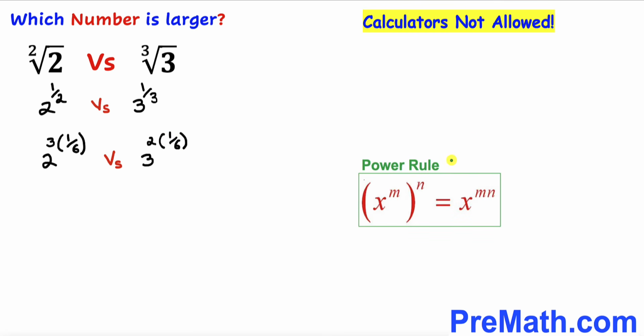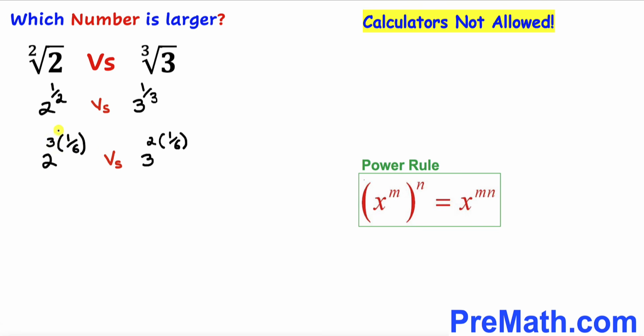Now let's recall the power rule of exponents. Here we have two nested exponents, x power m and then power n, and this can be written as x power m times n. Now we are going to apply this rule on both of these numbers.